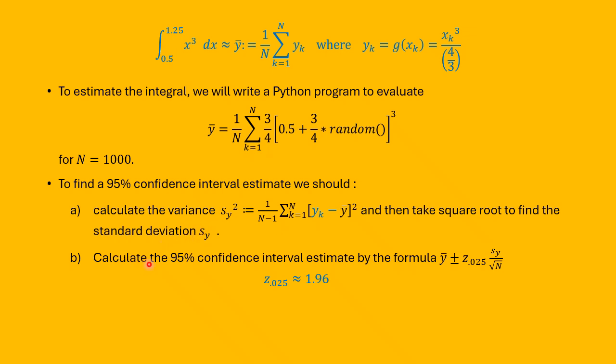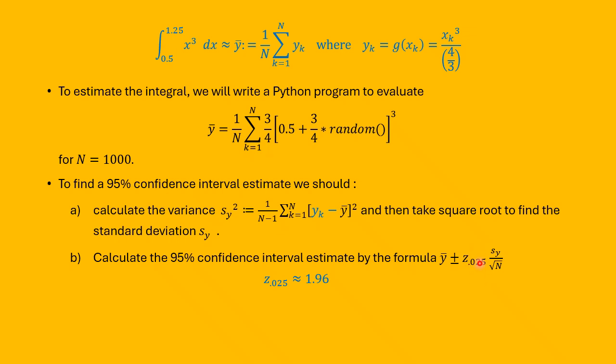We'll calculate a 95% confidence level interval estimate using the formula y bar plus or minus z.025 times s sub y, the standard deviation, divided by the square root of n. This is a critical value from the standard normal distribution, z.025.